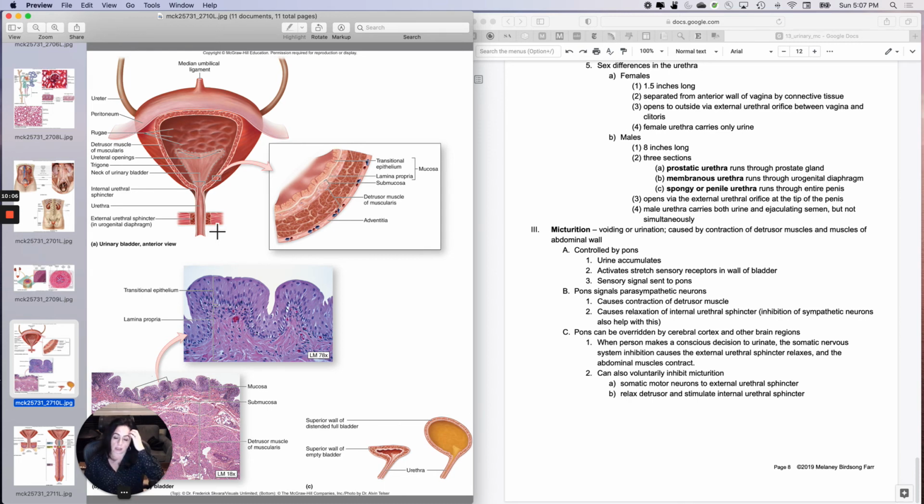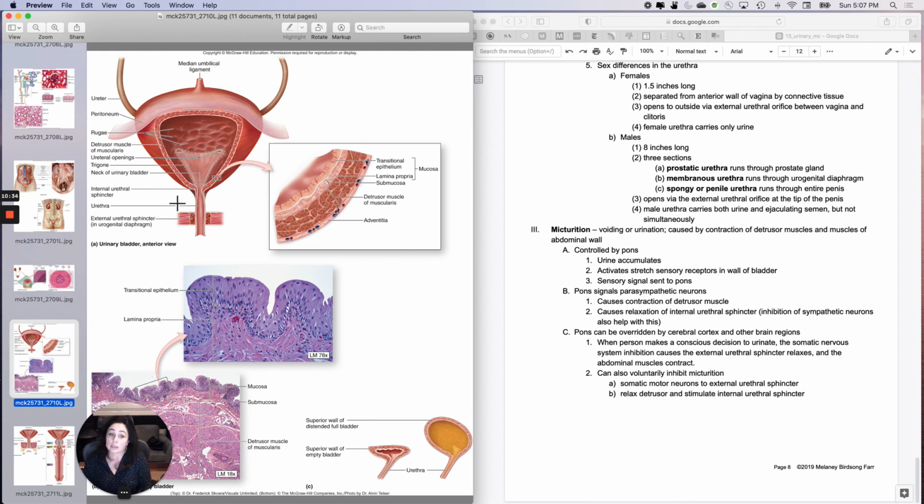But so if you're in the middle of class, for instance, and this is full, and you actually relax this one, contract the wall of the detrusor muscle, but then your cerebral cortex says this is not a good time to urinate, then it's going to contract that. But the problem is that the urinary bladder is still full, and it's going to continue to give that sensory input to the pons, and then the pons is going to continue to try to make this want to occur.